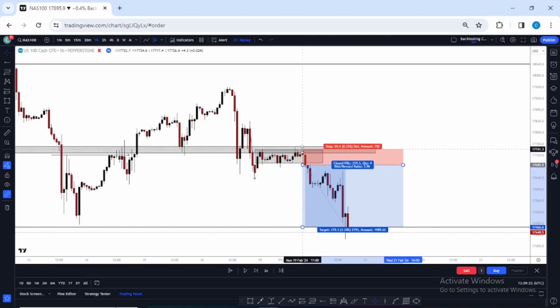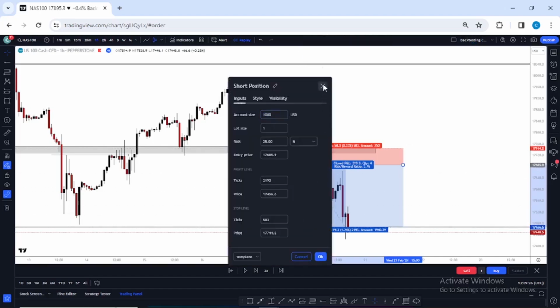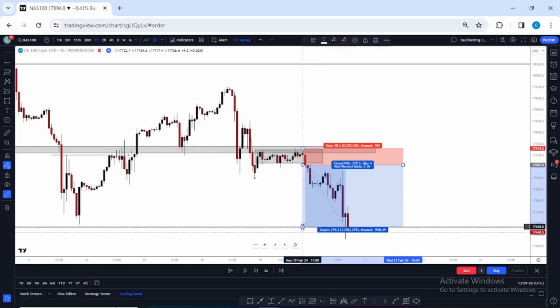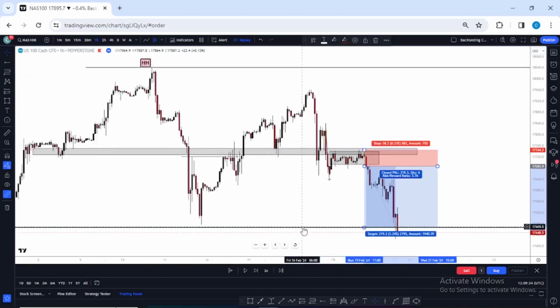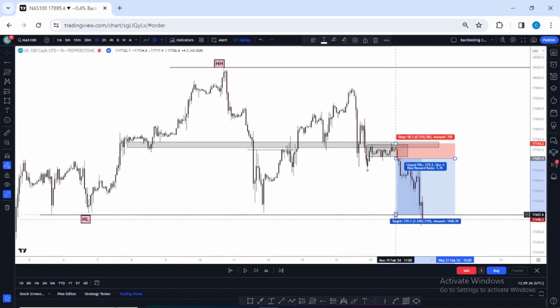I might take profit at a higher time frame higher low, or at a higher time frame structure level. Like I said earlier on, you don't want to target anything below a higher time frame level because the overall trend is still bullish. You get my point? Good.